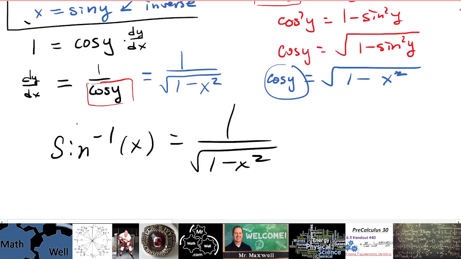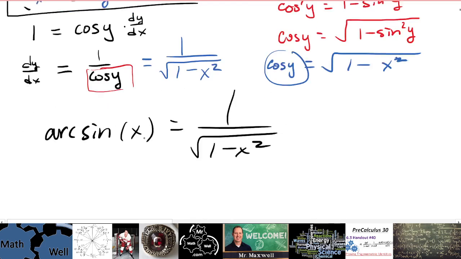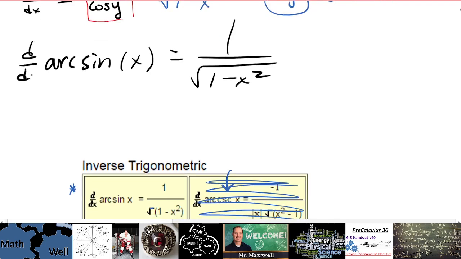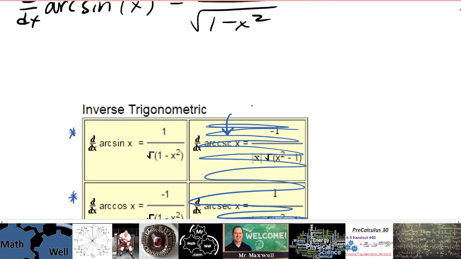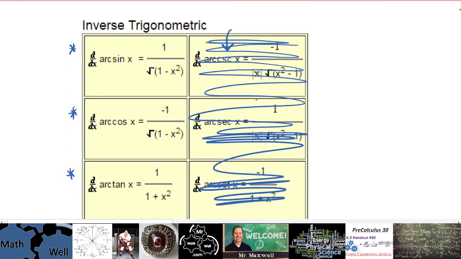And remember, sine to the -1 of x can also be written as arcsine of x, right? So here we have the derivative of arcsine. We should say d/dx of the arcsine.